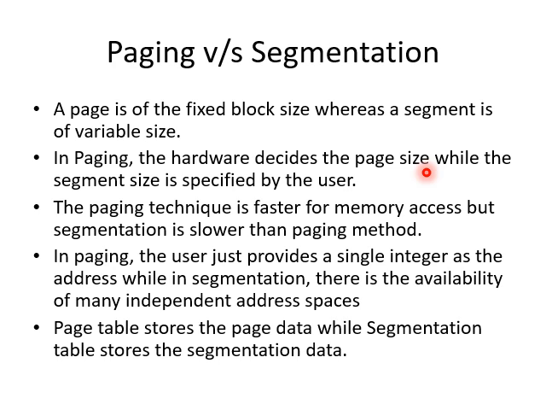In paging, the user just provides a single integer as the address, while in segmentation there are many addresses that we need to provide. There is a starting address, a particular segment may be present at different locations, and there can be links between those locations.